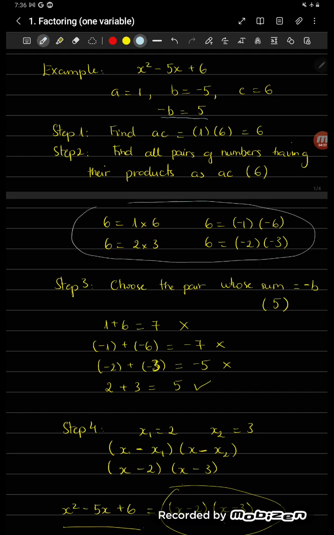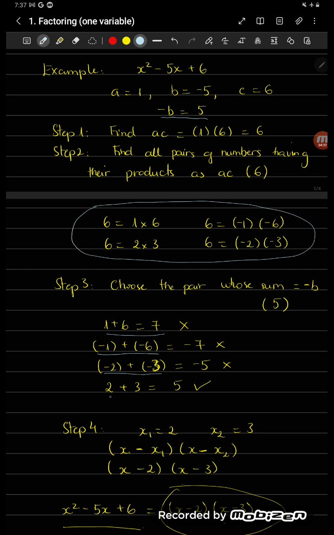We have 1 plus 6 equals 7, so it's not 5, and we reject it. Negative 1 plus negative 6 equals negative 7, so it's not 5, and we also cross it out. Negative 2 plus negative 3 equals negative 5, so it's not 5, and we also cross it out.